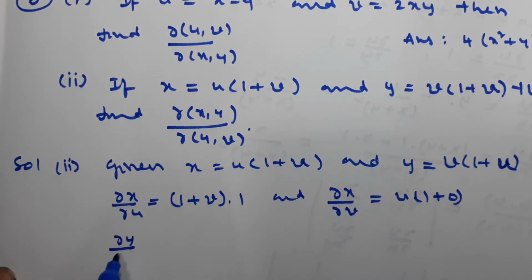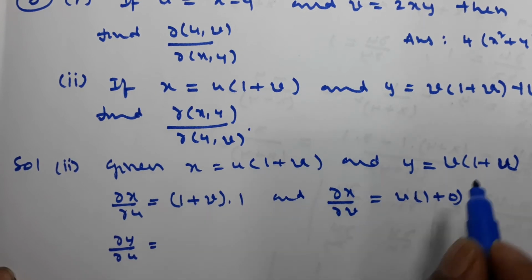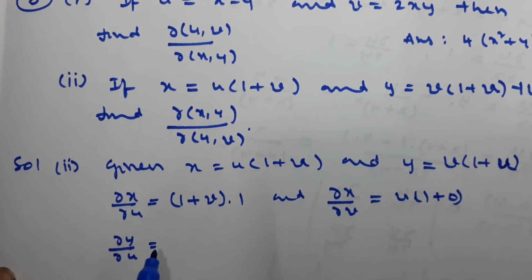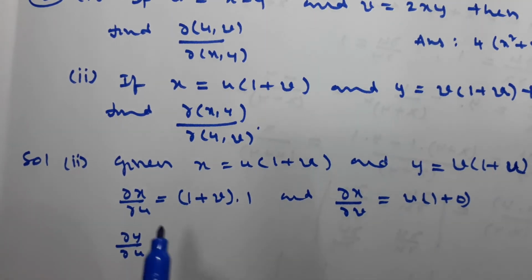Next, dou y by dou u is equal to, y can be differentiated with respect to u. That means v into 1 plus 0, so v into 1 plus 0, that is v.